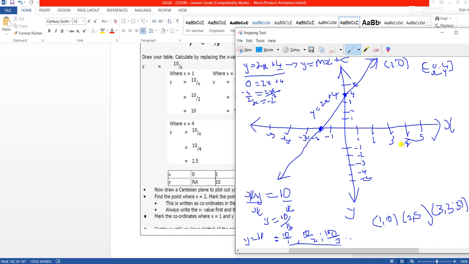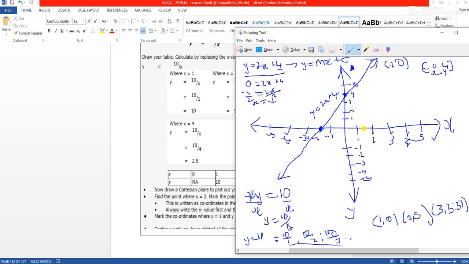So let's try and plot this on our Cartesian plane. The first one is x is 1, and let's assume 10 is there, so we'll plot it here.